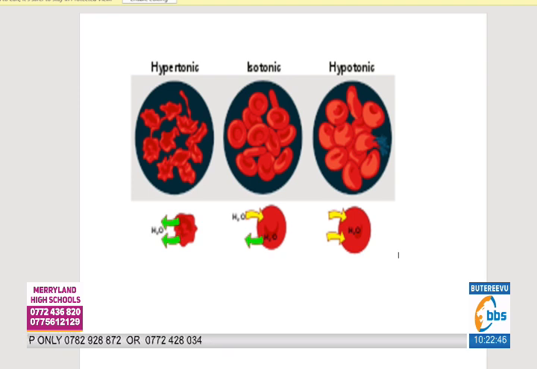Because the dilute solution now has more water, and the concentration of the cytoplasm of the red blood cell is very high, meaning the red blood cell has more solutes than the surrounding water environment, water is going to move from the hypotonic solution, from the external environment, and enter into the red blood cell, as you're seeing with the yellow arrows showing water entering the red blood cell.